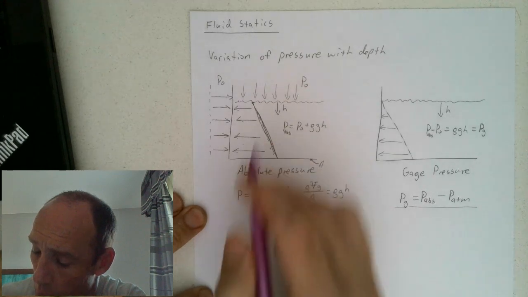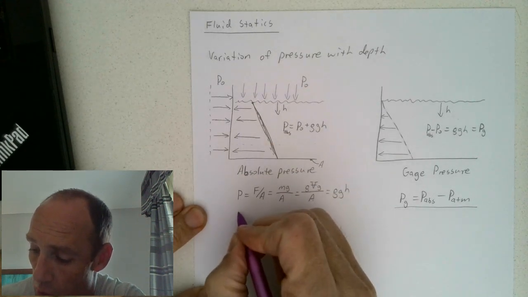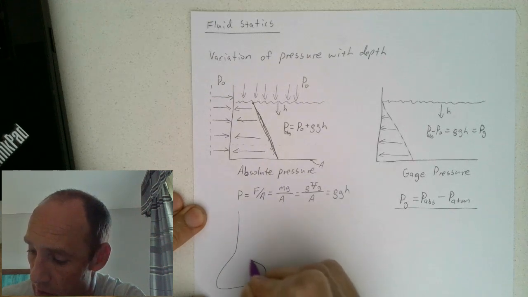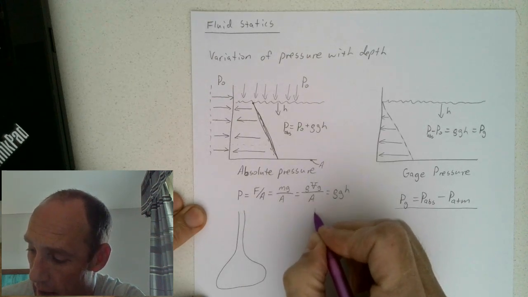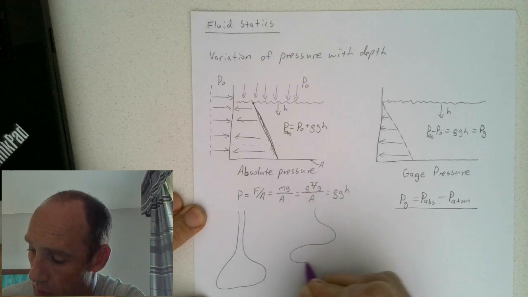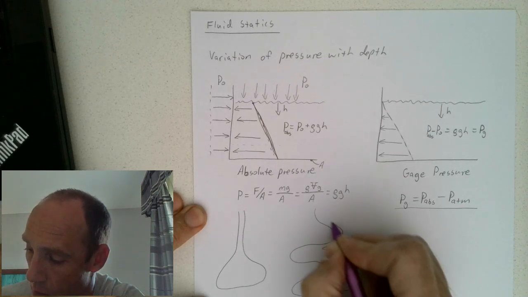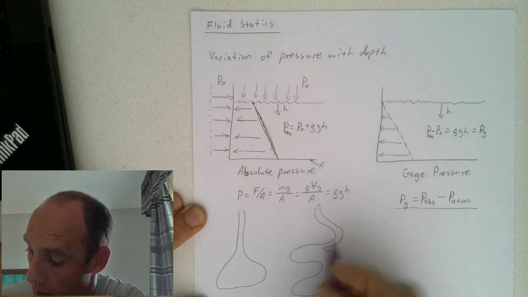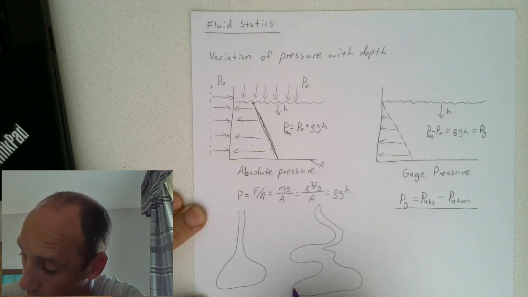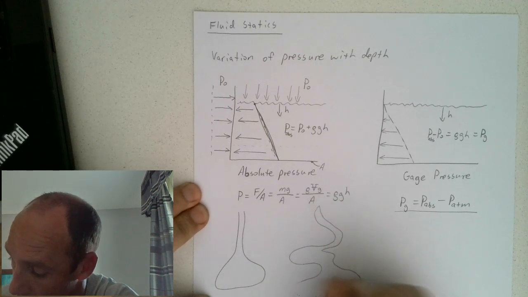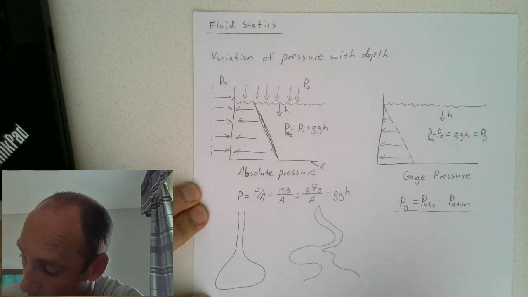So the pressure varies as a function of depth. Say I had a container of any arbitrary shape, and imagine the bottom of this container is level with this one.